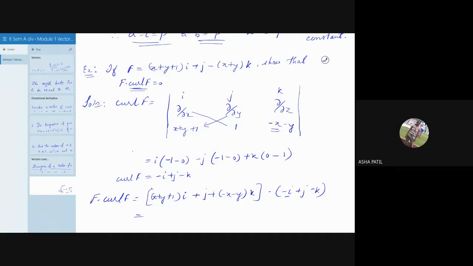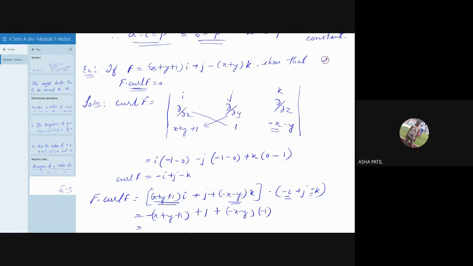So the i component is minus 1 here multiplied with the i component of f. So it is minus of x plus y plus 1. Then j components in both the vectors you have 1, 1 into 1 it is 1. Then the k component is minus x minus y multiplied with again a minus sign.